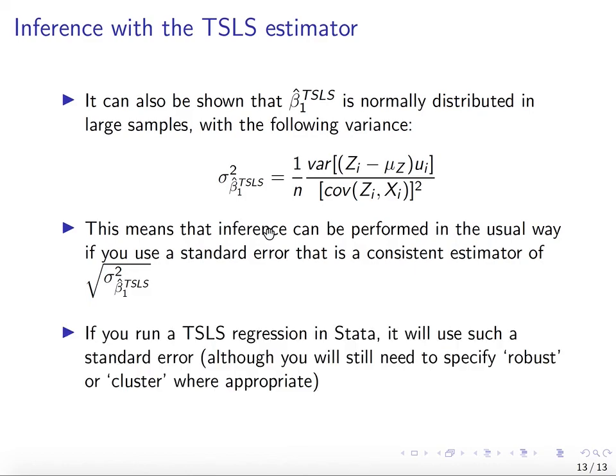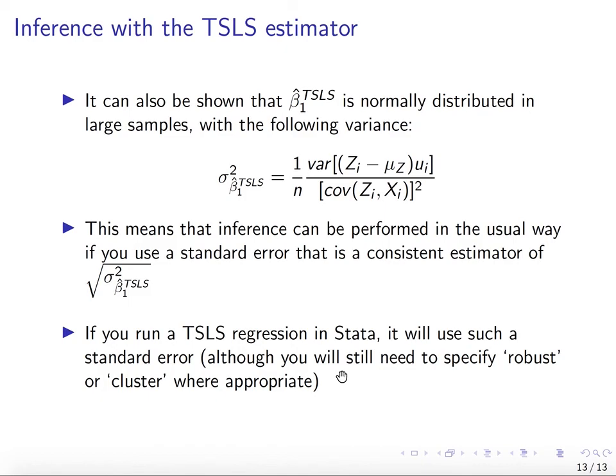In Stata, which sadly we can no longer use, if you were to use the two-stage least squares command, Stata would calculate for you the standard errors following this formula. You would still have to say whether you want robust or clustered standard errors the way we mentioned in previous classes.